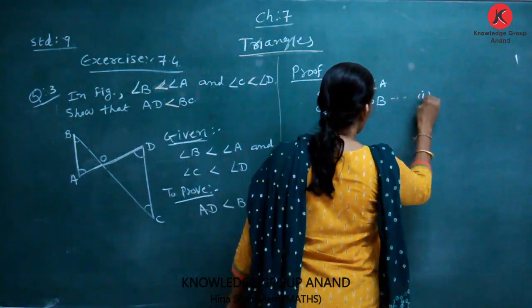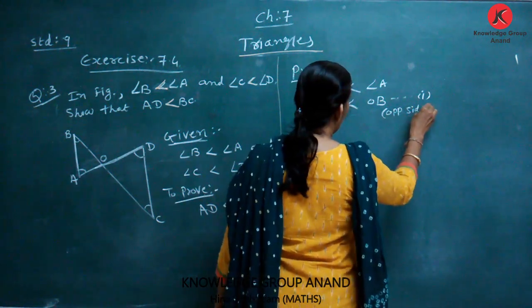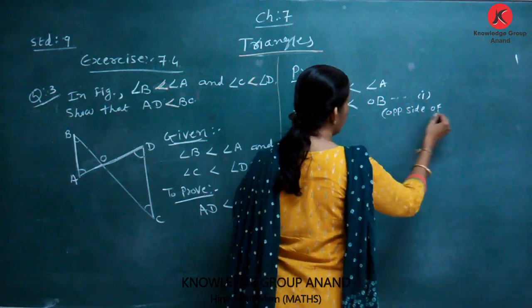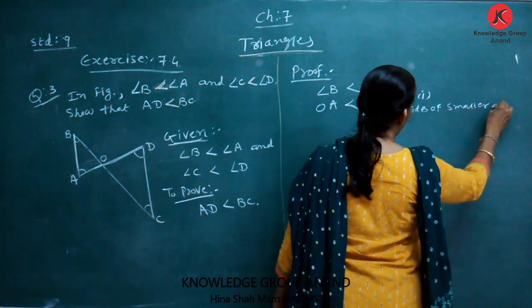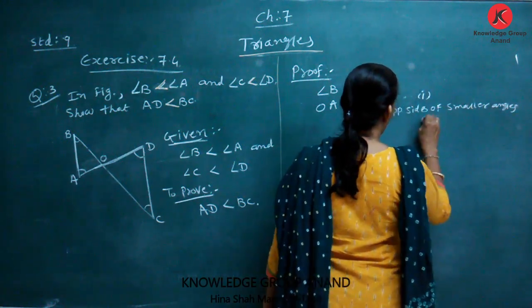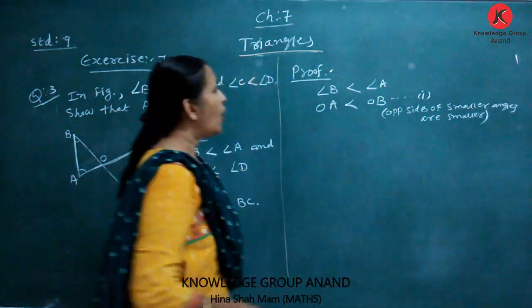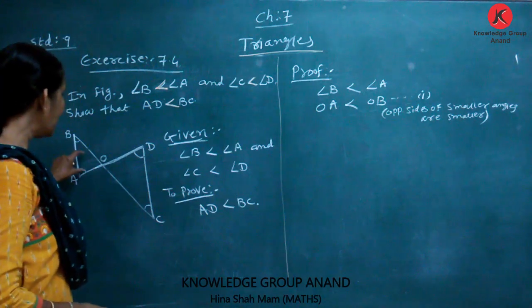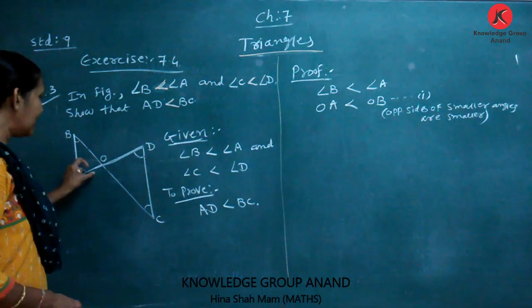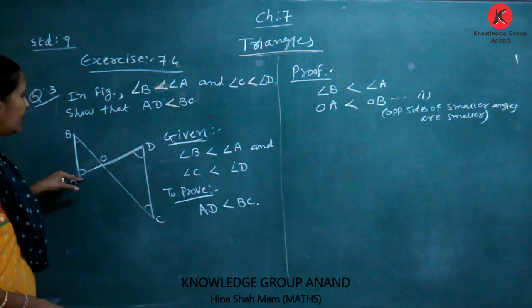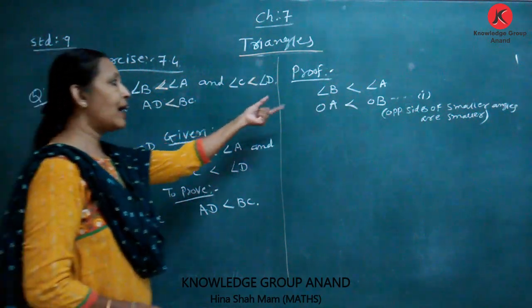Result number 1. Opposite sides of smaller angles are smaller. Angle B is less than angle A, therefore OA is less than OB.